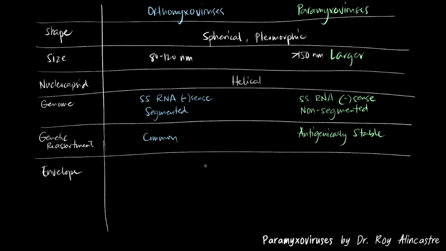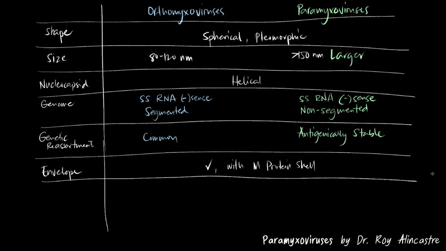Both of them have an envelope, and they also have an underlying M protein shell underneath the envelope. The surface spikes on the orthomyxoviruses are hemagglutinin and neuraminidase.